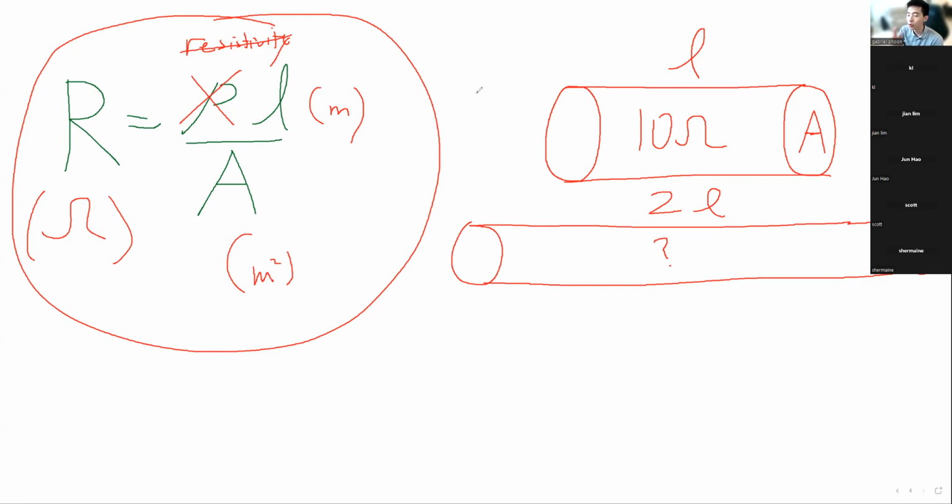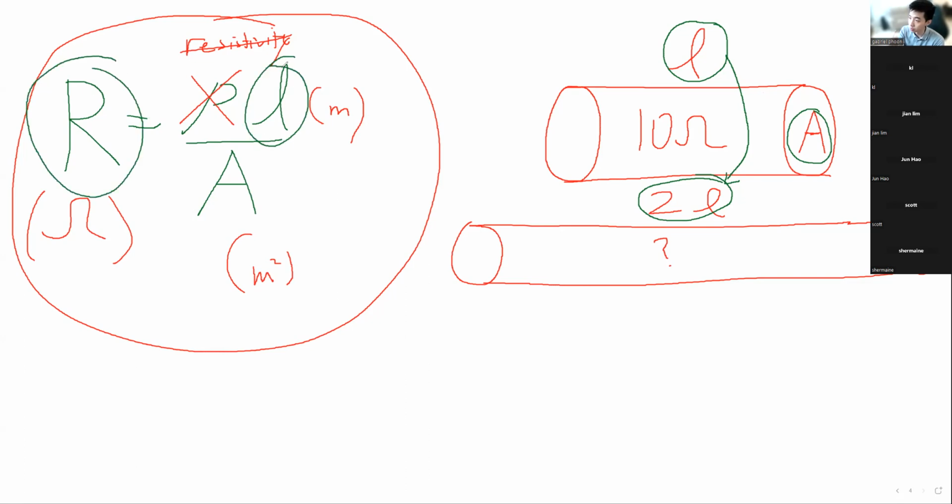You don't have to look at all the complicated formulas online or whatever your school teachers have been teaching you. You just need to compare length versus length and area versus area. First and foremost, looking at the length versus length, this is double the length, right? I understood just now that if I have an increase in length, I'll have an increase in resistance.